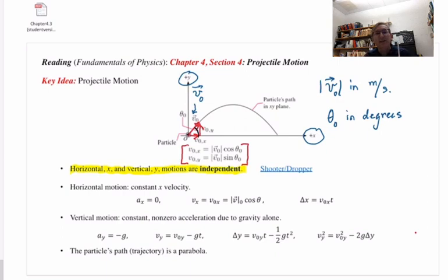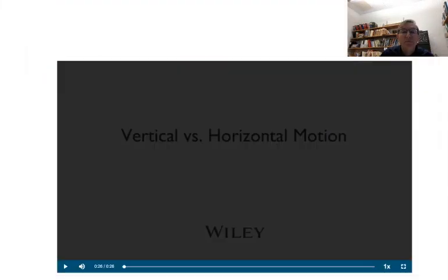I want to demonstrate that to you with a video from Wiley Plus. And all I'm going to do is run this video, and it's going to show a device called a shooter dropper. It's a simple little device. It's going to have two little cubes or blocks, and it's got a little lever.